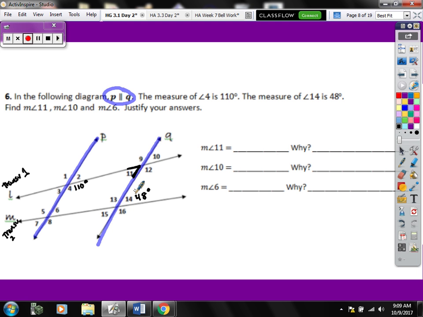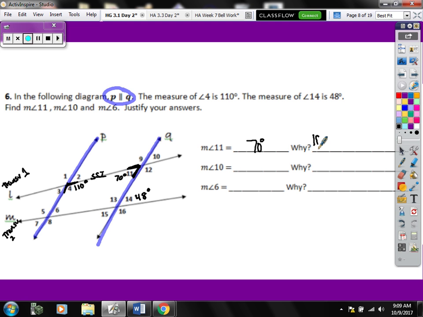It will be 70. Okay? Because this is my transversal, I have to travel along the transversal till I find another angle that I can use. These two angles are going to be same side interior because they're inside my blue lines. So they do have to be supplementary. Oops, 70.